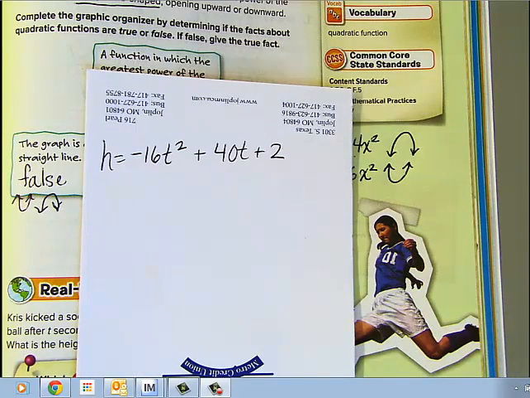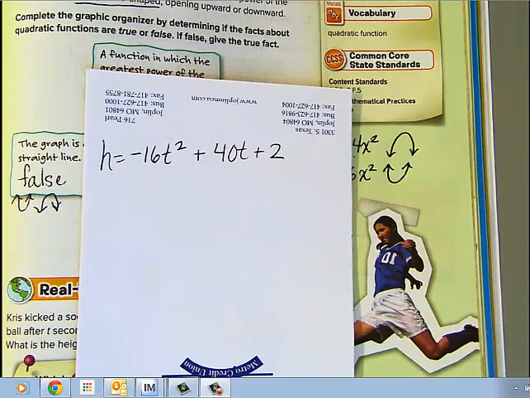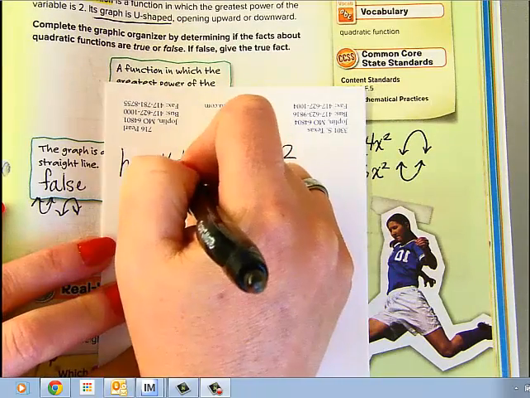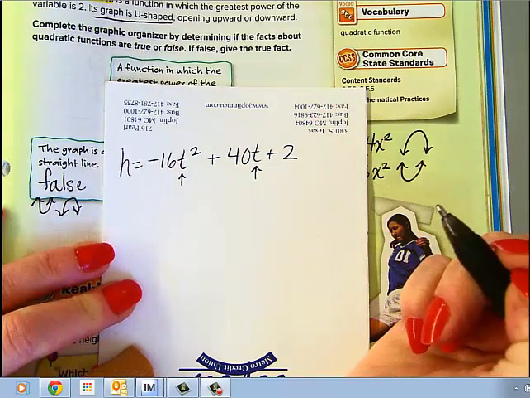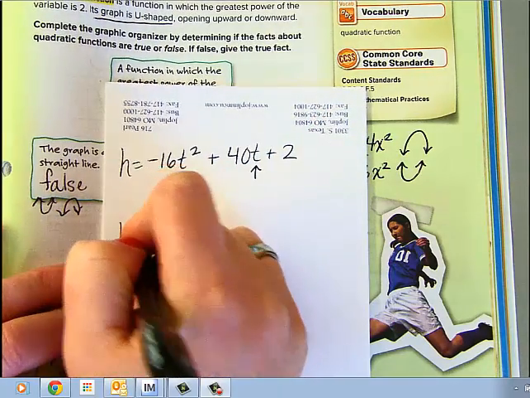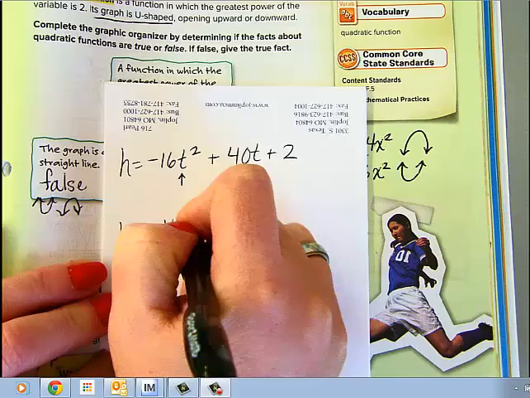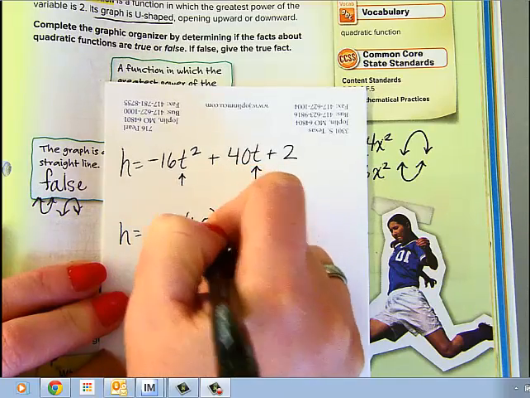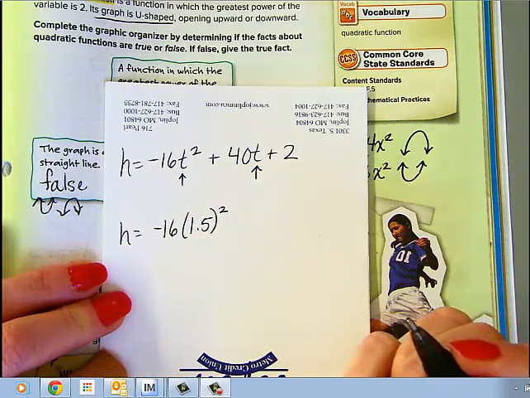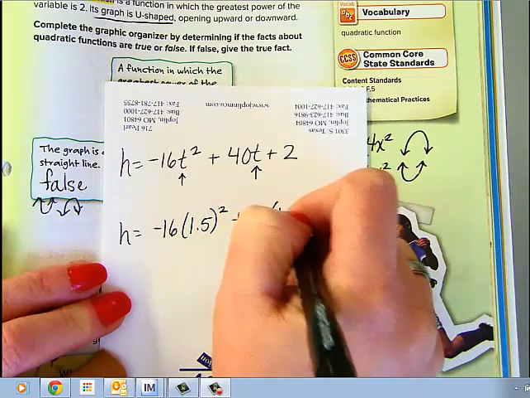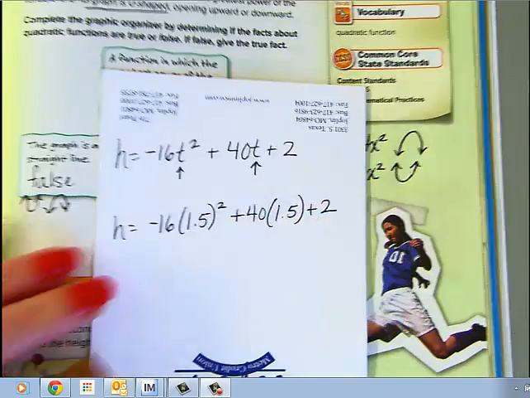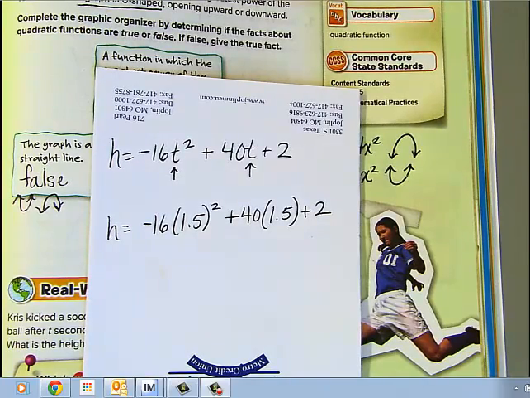Well, I have to use 1.5 in all of the places where I see a t. So I see a t here, so I'm going to replace that with 1.5. I see a t here, I'm going to replace that with 1.5. So now what I have, I'm just going to replace the t's with 1.5. This first 1.5 is squared, then 40 times 1.5, and then plus 2. Okay, let's work this out step by step.